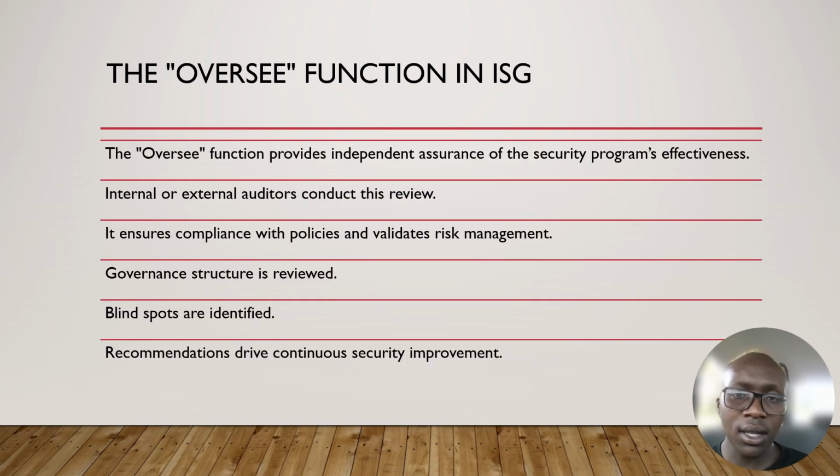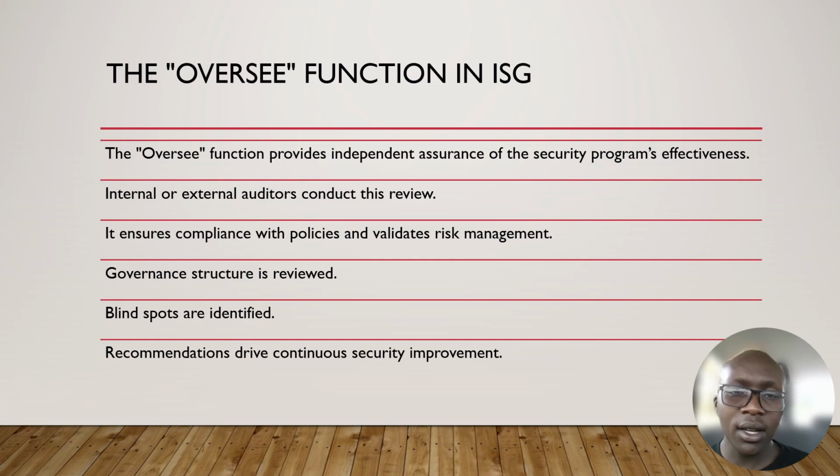The oversee function provides independent assurance on the effectiveness of the information security program. This is typically performed by internal or external auditors who are separate from the day-to-day security operations. They verify compliance with policies, validate risk management processes, and review the overall governance structure.